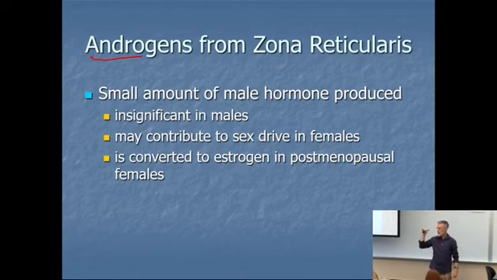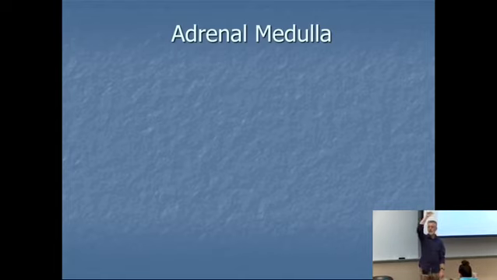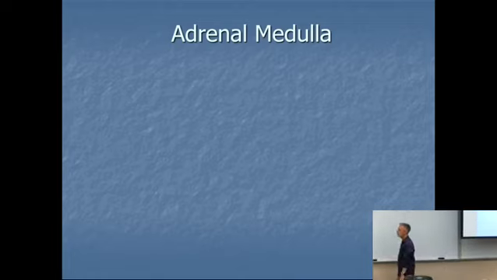At least the adrenal glands are still kicking, and so maybe some of these androgens that are put out, we might be able to convert those to estrogens instead to help maintain those levels. It doesn't take the place of, but that's what they think. Okay, so that's the adrenal cortex, the superficial layer of the adrenal gland. Kind of complex because we have 3 different zones, 3 different hormones or categories of hormones coming out there. Okay?